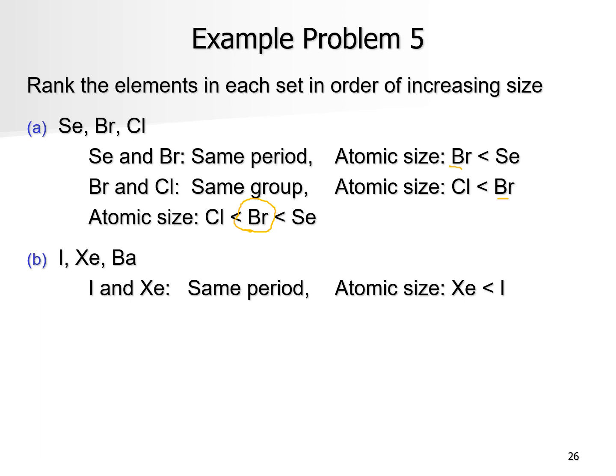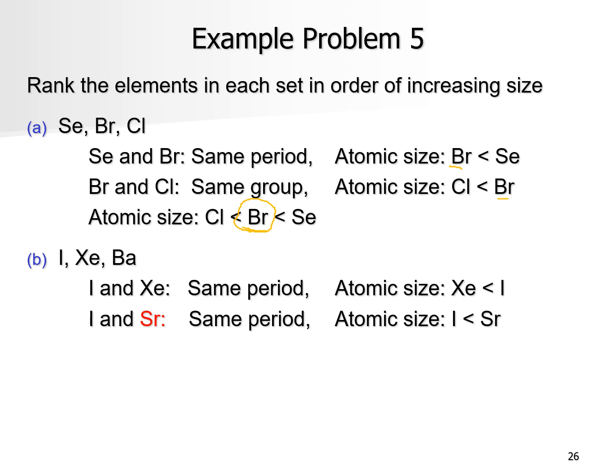Like bromine in our first example here, we can choose something that shares one of these two, like same group or same period, with these two different groups of elements. So for example, I'm going to choose strontium.